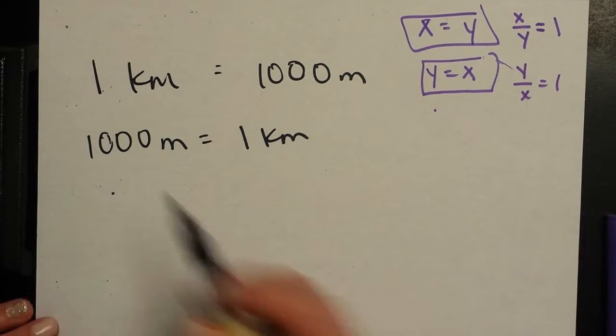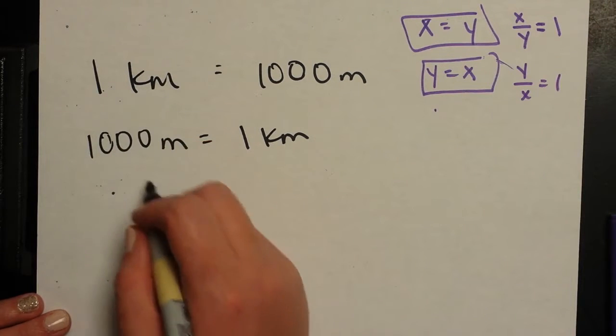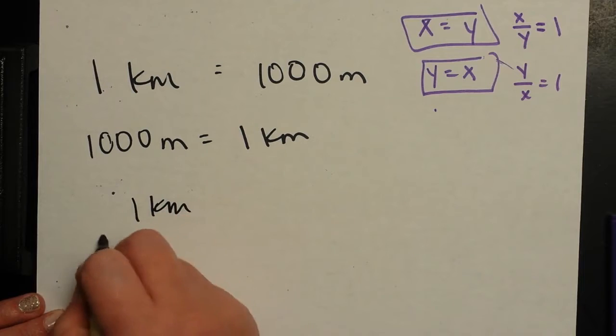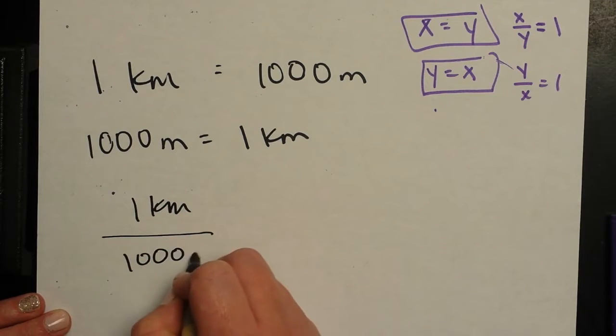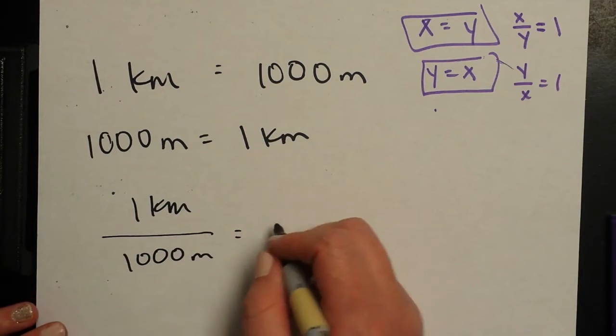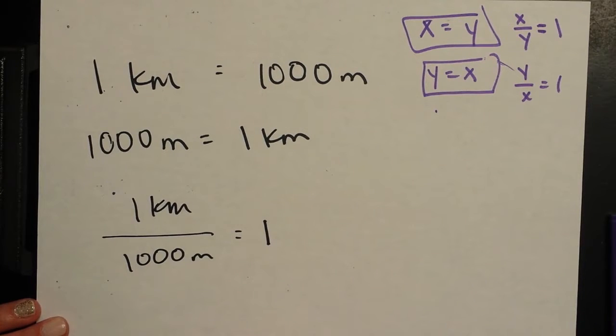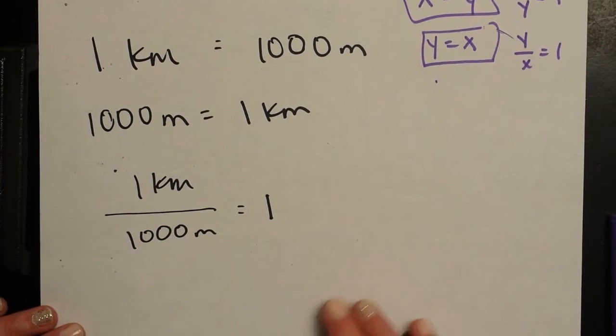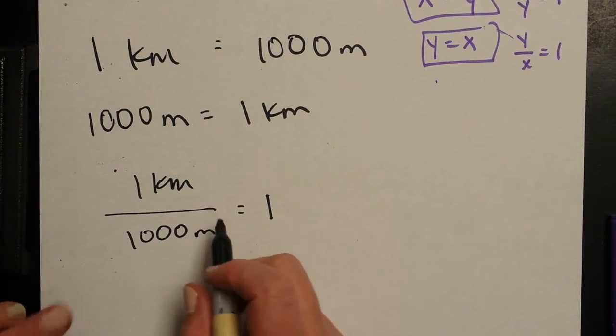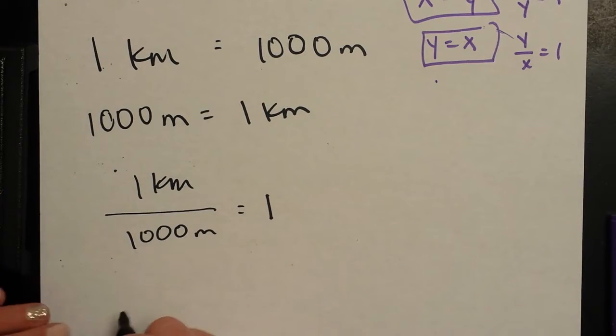So here, if I take 1 kilometer and divide it by 1,000 meters, I'll realize that those are the same distances. I should just get 1. Okay. And vice versa, the reciprocal in that case would be true as well. And we know that the reciprocal of 1 is also 1.